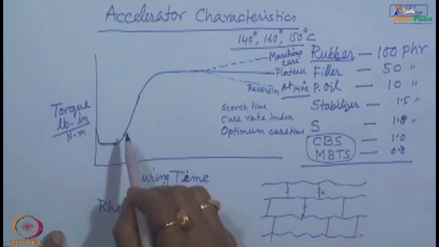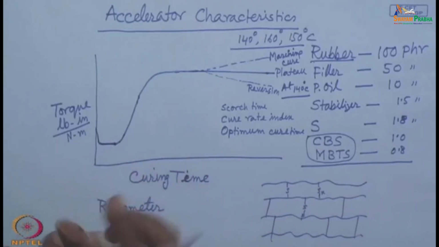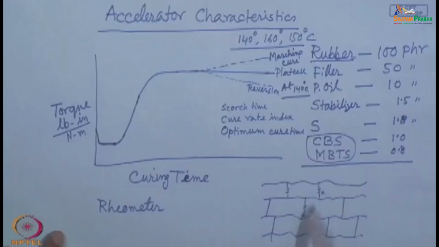That means the compound is provided some restriction of mobility, that is a torque. The rotor is oscillated, so that rotor experiences some opposing force towards its oscillation. That opposing force towards oscillation is contributed by the introduction of these bonds.